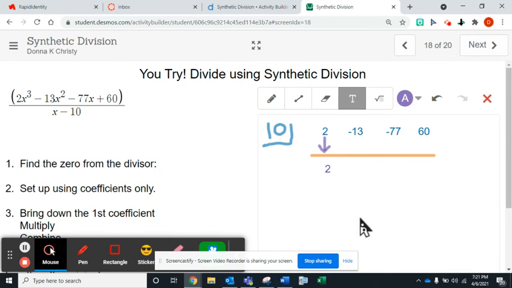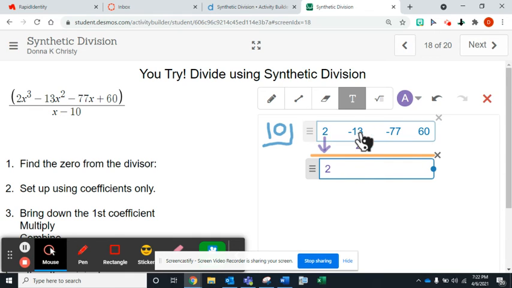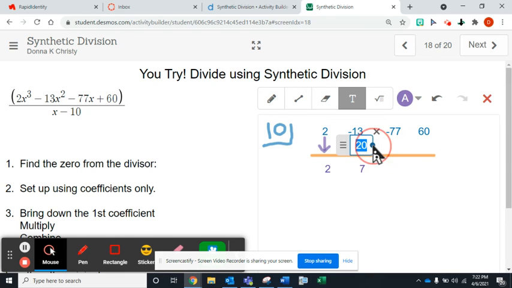All right. Now we're going to multiply. 10 times 2 is 20. Combine them. That's going to be 20 minus 13 is positive 7. All right. Now we go back.